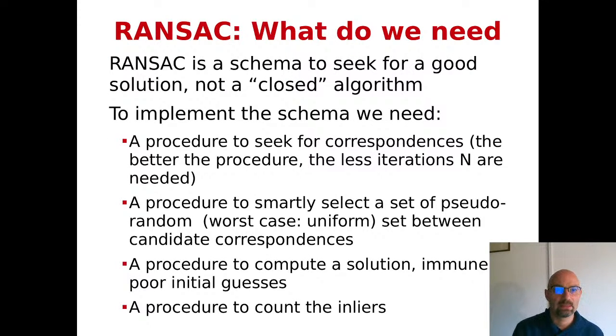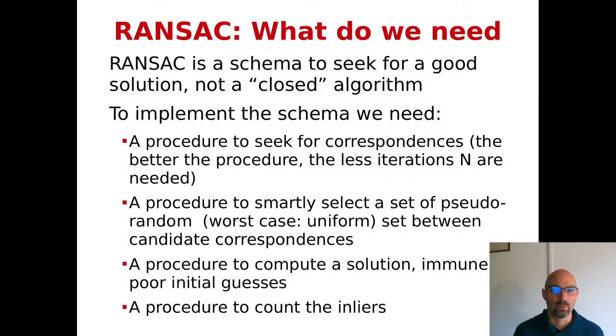So, an important point about RANSAC, especially when I give exercises, is not to consider it the RANSAC algorithm. It's just a schema. It's just a template that you adapt to address the specific problem. To implement this schema algorithmically, we need the following things.